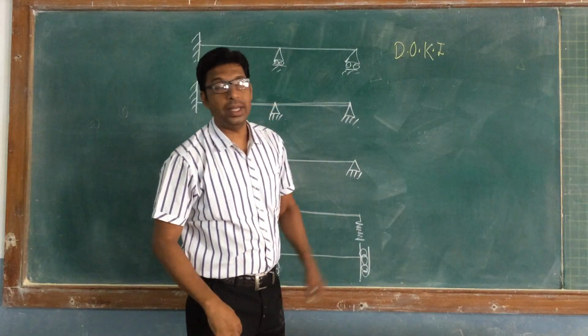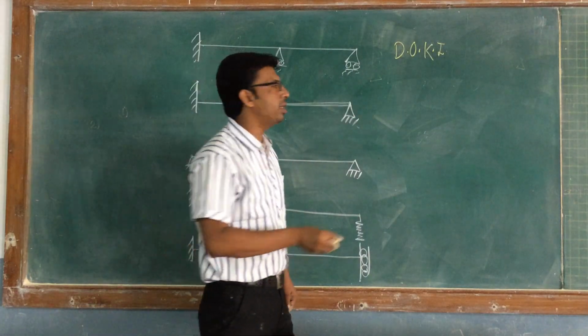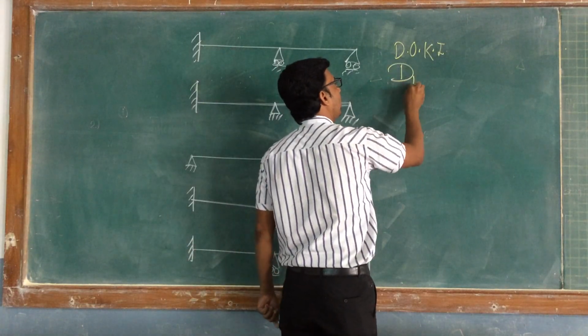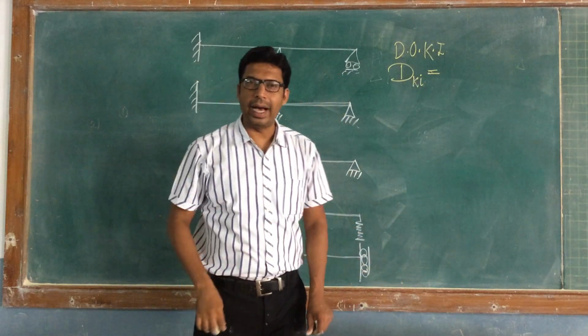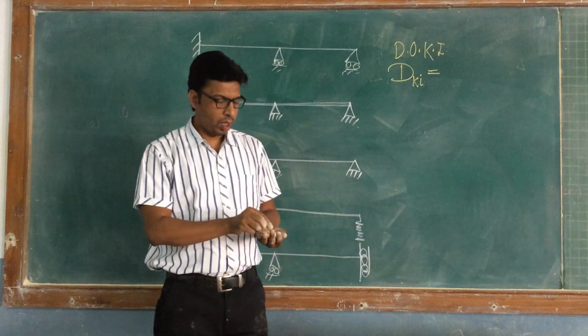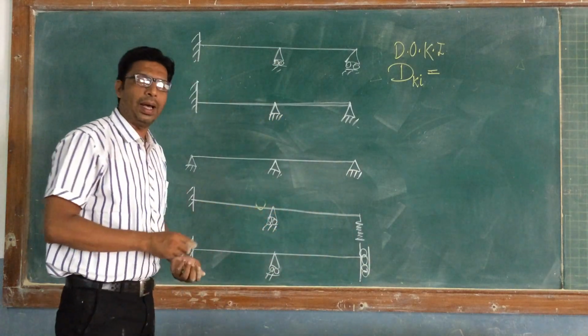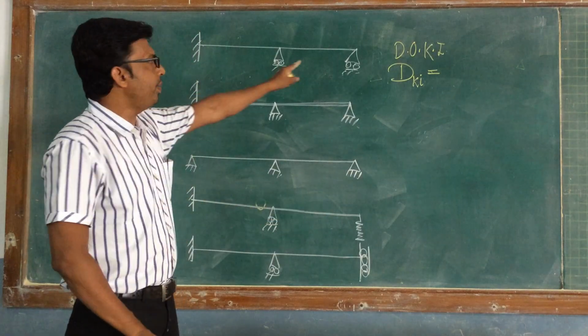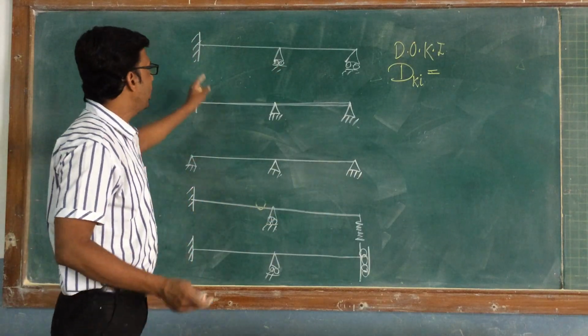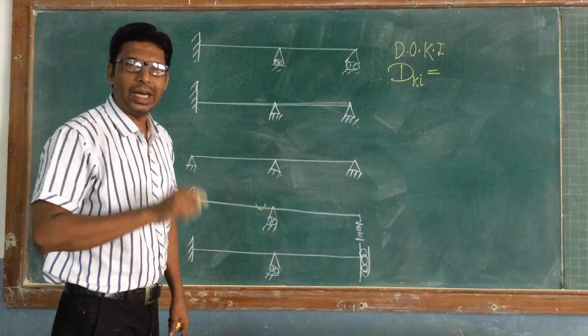Degree of kinematic indeterminacy is also represented as D subscript Ki, DKI. It's very simple. You remember that table, support wise. Now this beam has 3 supports. Fixed support means there is no kinematic unknown.